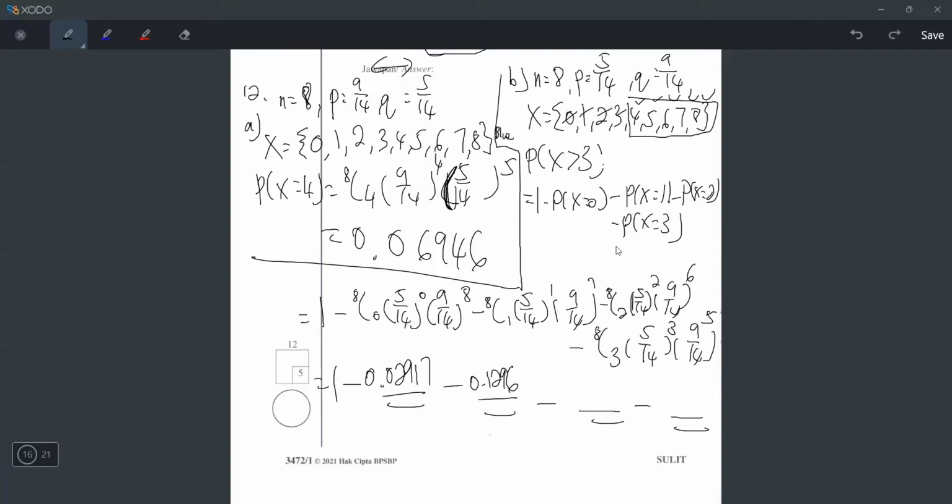You get 0.2521. I hope you are pressing the calculator together with me. Then 8C3 times bracket 5 over 14 close bracket power 3 times bracket 9 over 14 close bracket power 5. That gives 0.2801. Finally, 1 minus 0.02917 minus 0.1296 minus 0.2521 minus 0.2801, the answer is 0.3090.